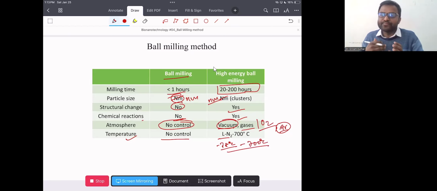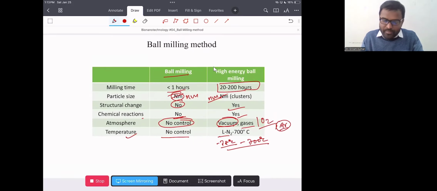So we can control the temperature in that container. If we control the temperature, that means we are controlling the structure and the chemical reactions, and based on that we will have the desired morphology of the nanomaterial.